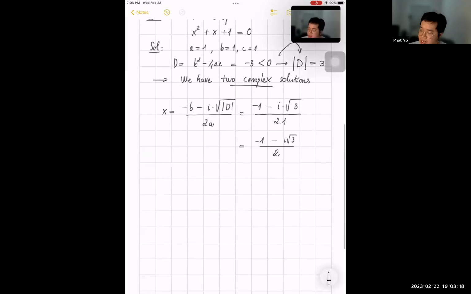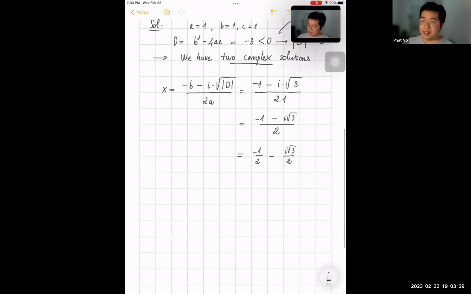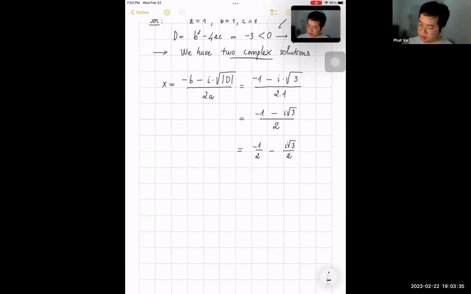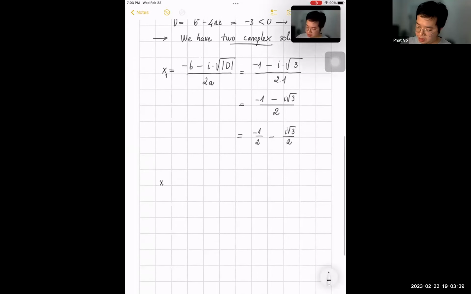Sometimes we can write it like this. Now you see it's the standard form of a complex number. Okay, another one, x2 here is -b plus i times the square root of the absolute value of D over 2a.